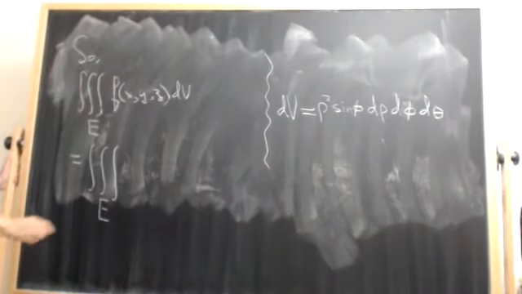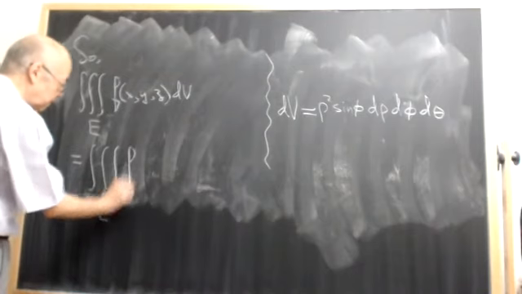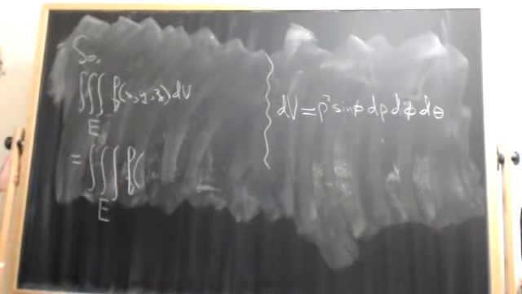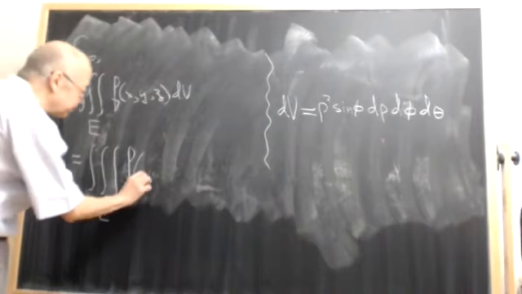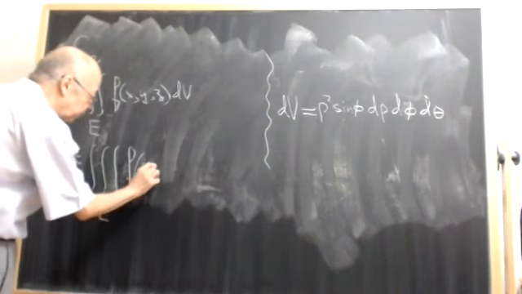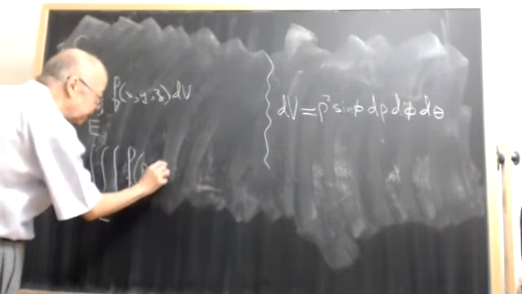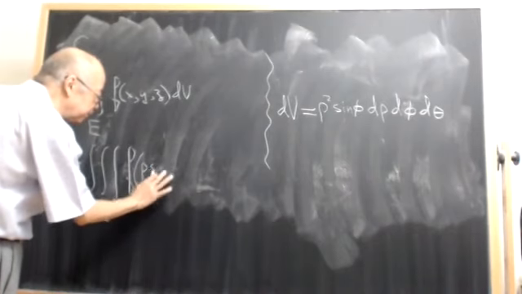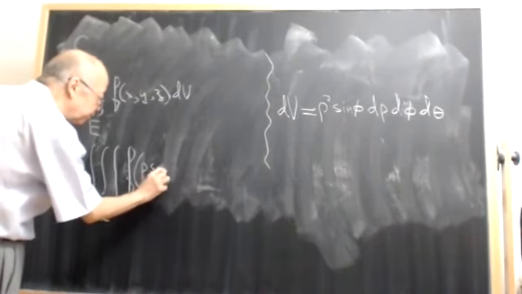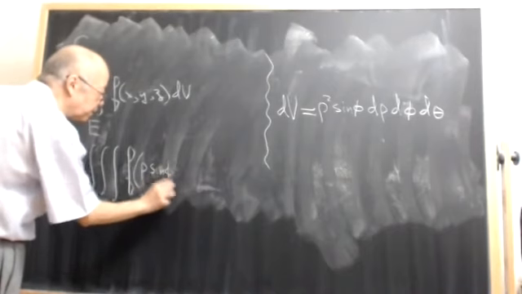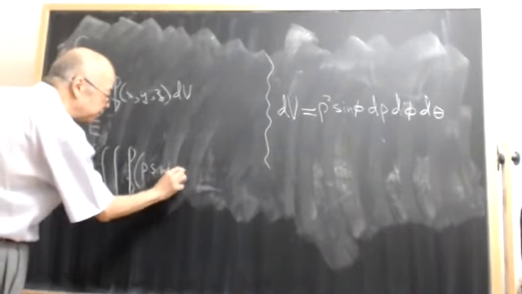So it's the triple integral of f. What is x again? Do you still remember? It's rho sine phi cosine theta.